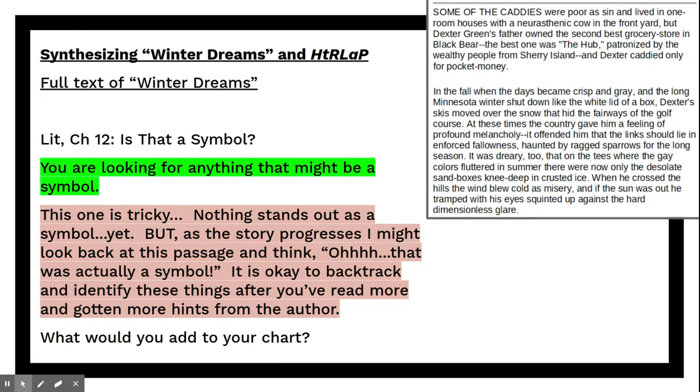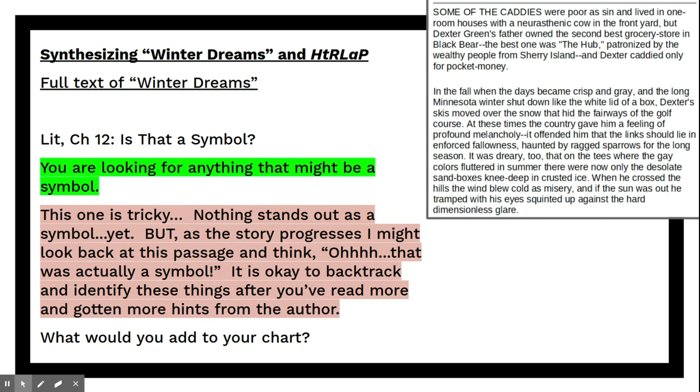Chapter 12, Is That a Symbol? So this one is tricky because although we maybe can't pick out anything in these first two paragraphs that is a symbol, the reality is that sometimes we just need more context in our story. So once we read further and we get a better understanding of what's happening, we might actually be able to go back to these first two paragraphs and be like, okay, now that I've read more, I can go back and see that this actually was a symbol for something.